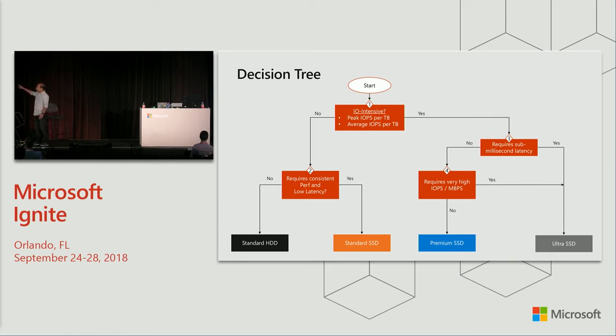First thing to look at is I/O intensity. For a workload like that, premium disk will be the ideal thing to do, because it's relatively high I/O intensity.